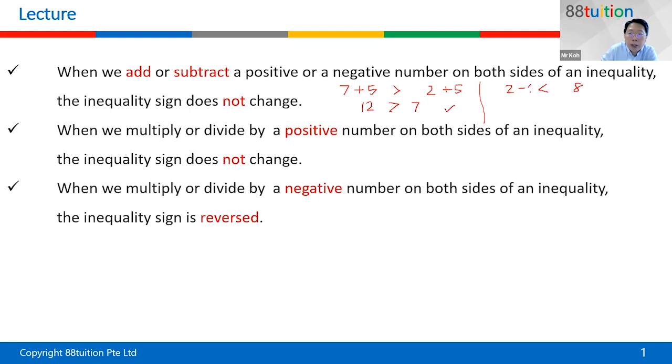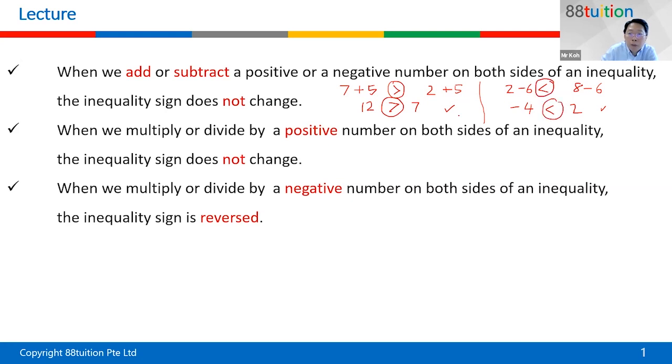I'm going to subtract 6. So this will amount to minus 4. 8 minus 6 gives you 2. So minus 4 is still less than 2. Okay? So whether you add or subtract a positive or negative number, the sign doesn't change. Okay, this is what it's talking about.